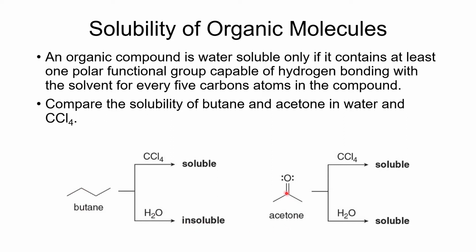For a slightly polar molecule like acetone, which is actually fairly polar, we will find that it is capable of dissolving in a nonpolar solvent like carbon tetrachloride. That's because the acetone doesn't do hydrogen bonding itself, but it does interact enough with the carbon tetrachloride to make it dissolve.